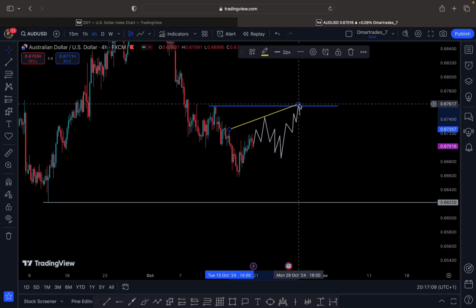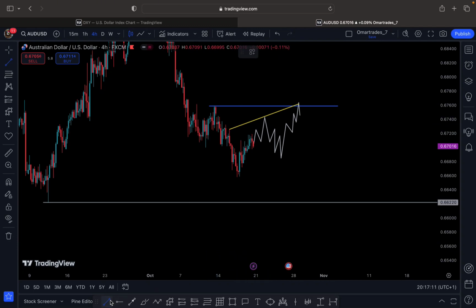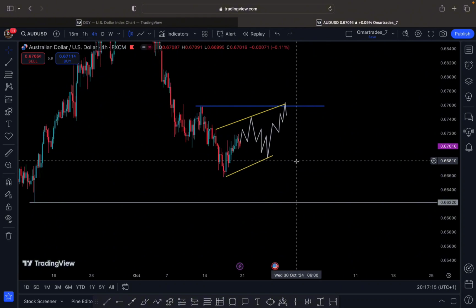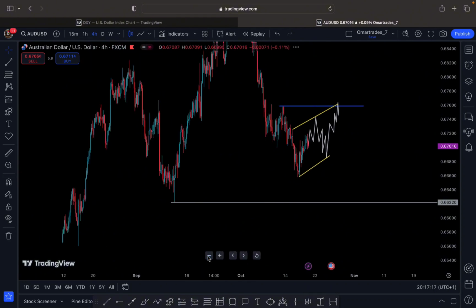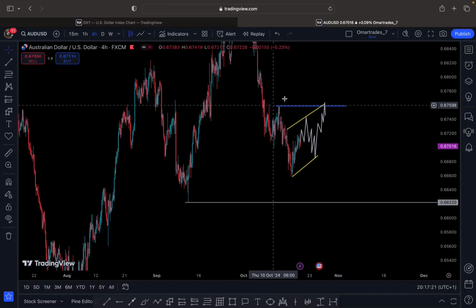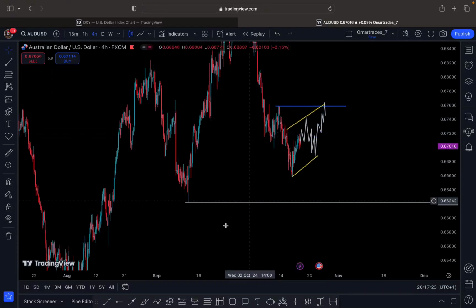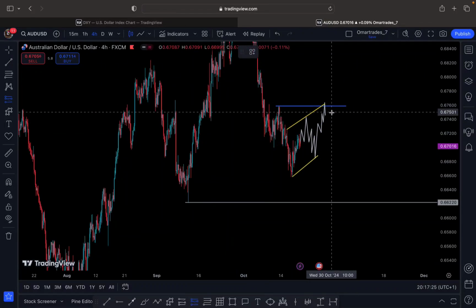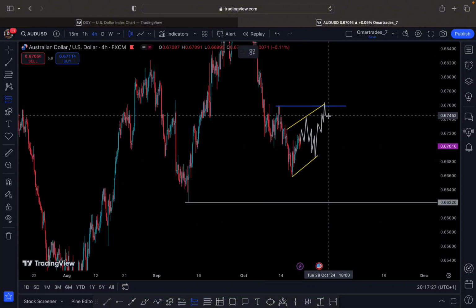Something like this would be great, and then this would be a 1 hour entry as well. And once we see something like this, we have the middle section, we have the 1, 2, 3 into these hook points, and then this will be a very, very beautiful trade.